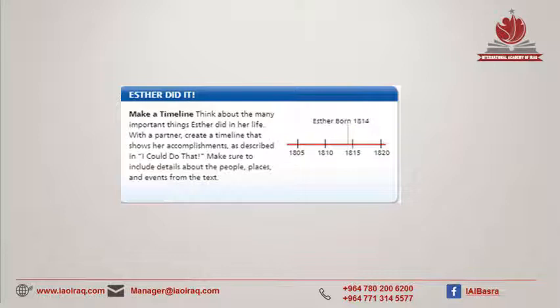Make sure to include details about the people, places, and events from the text. You must draw the line yourself and put in the dates yourself. Make it as detailed as you can, and add anything important that you think is relevant in the text. And then by the end of the week I'll show you the timeline that I did and we can compare. But yeah, that's basically the homework, guys.